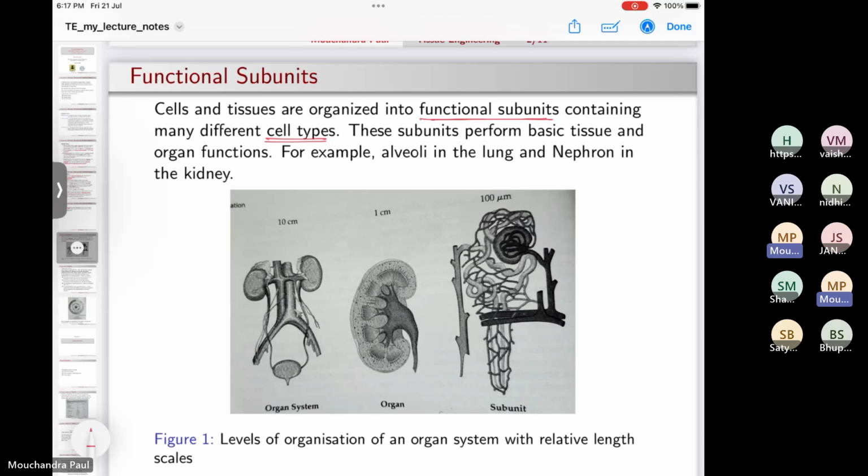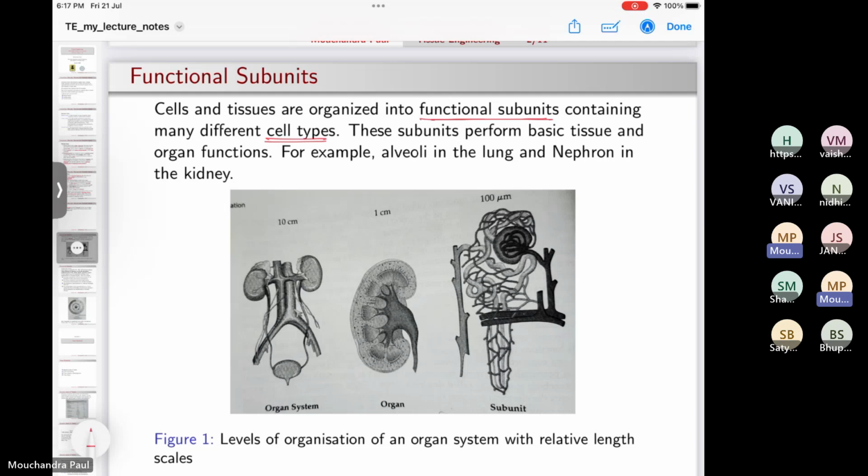So whatever cell types or tissue types that we saw, the 5 types: the epithelial tissue or epithelial cells, then connective tissue cells, then muscular tissue cells, the skeletal muscles, cardiac muscles, smooth muscles, etc. The nervous tissue, you need the nerve cells to coordinate the function of each organ. And lastly the glandular cells.